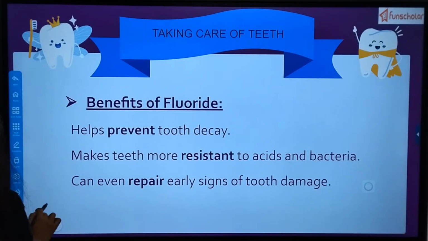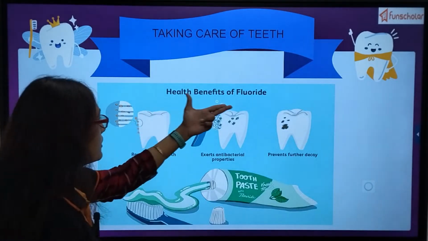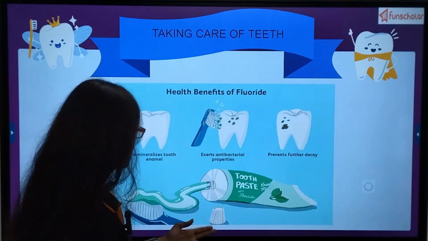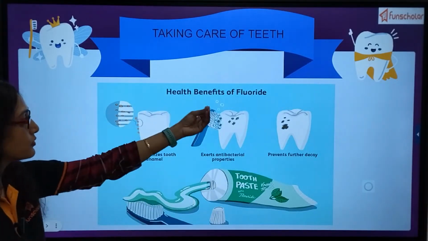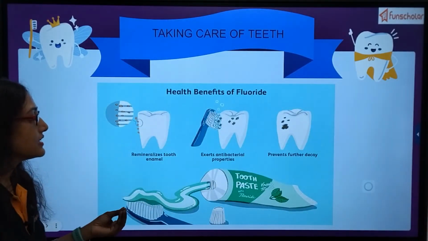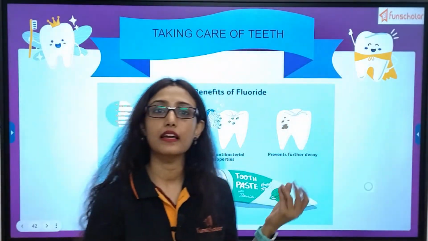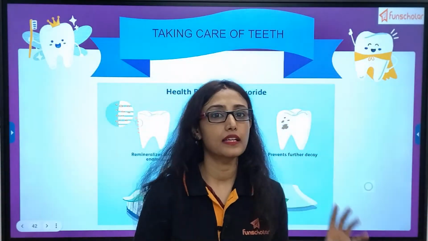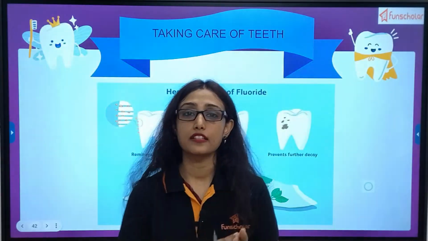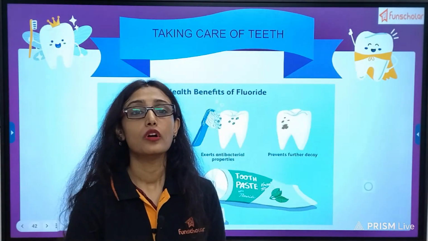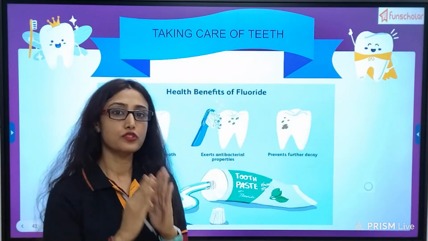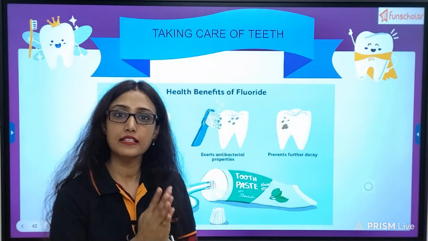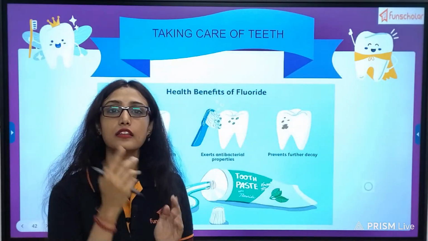Now, benefits of fluoride. What is fluoride? Just look at this picture. Fluoride is a substance that is found in your toothpaste. Okay. Now, what does this fluoride do? It has antibacterial properties. Antibacterial properties means it does not lead to the formation of bacteria in your teeth. So it basically kills the bacteria in your teeth.